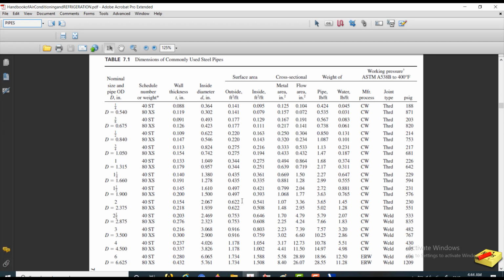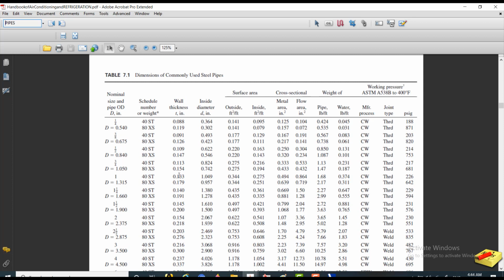the handbook for air conditioning and refrigeration. We have the dimensions of commonly used steel pipes. For 1/2, we have sized it as a nominal size, and you have your outside diameter.